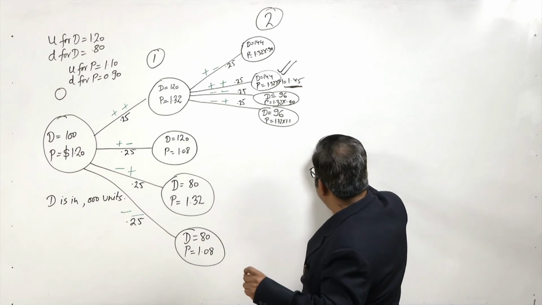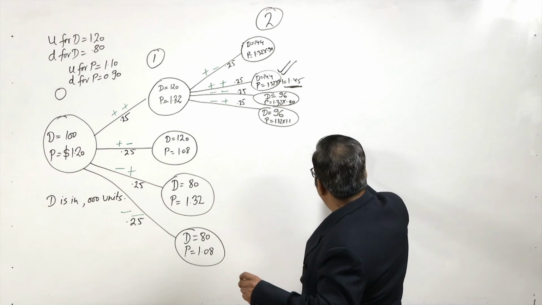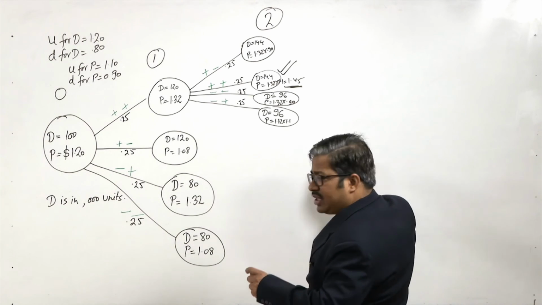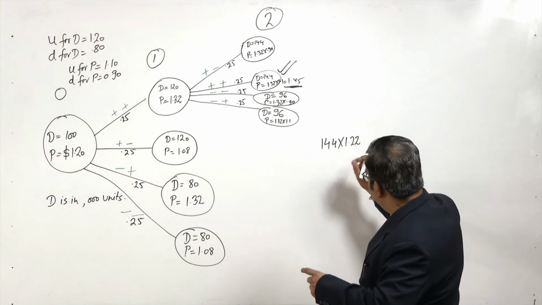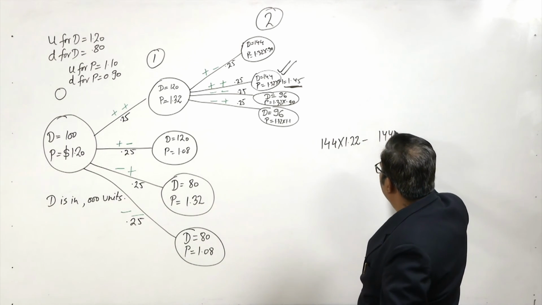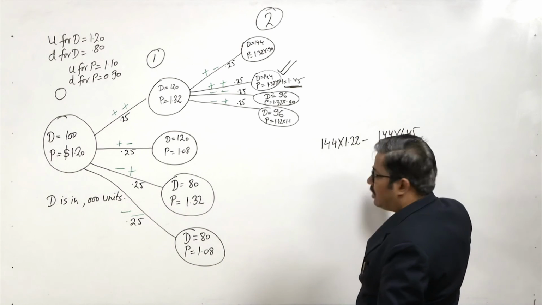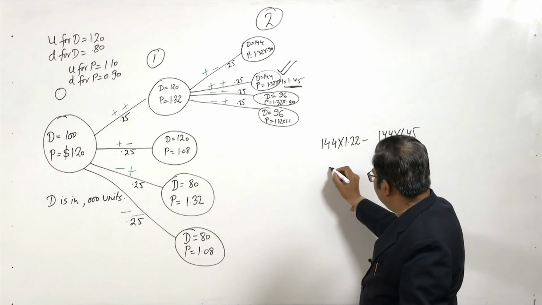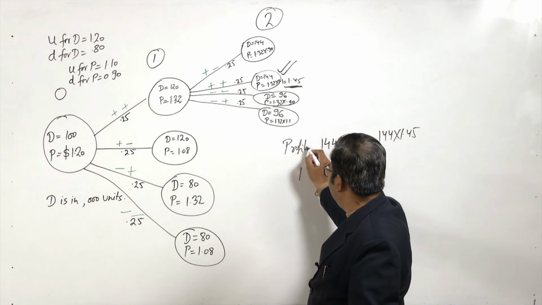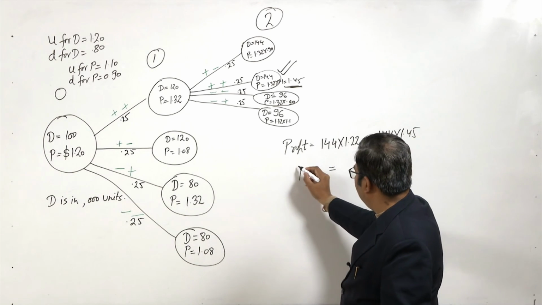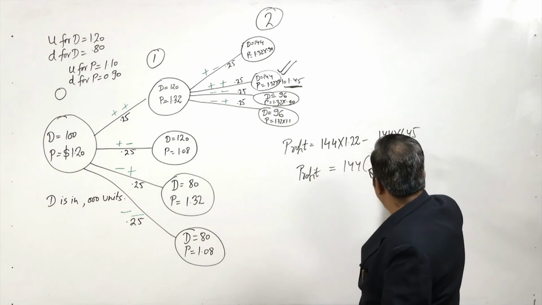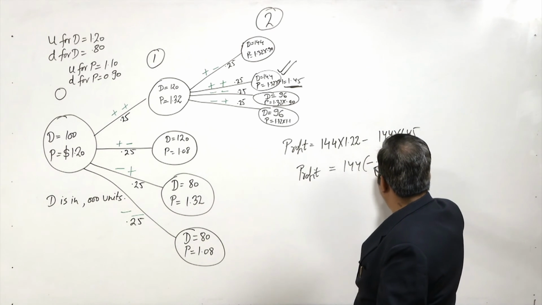So, the simple logic is that my revenue is 144 into 1.22, that is the revenue which I am going to get. Revenue minus cost, cost is 144 into 1.45, that is my cost. So, this is the profit. So, 144 is common, so you can say that this is minus 0.23.